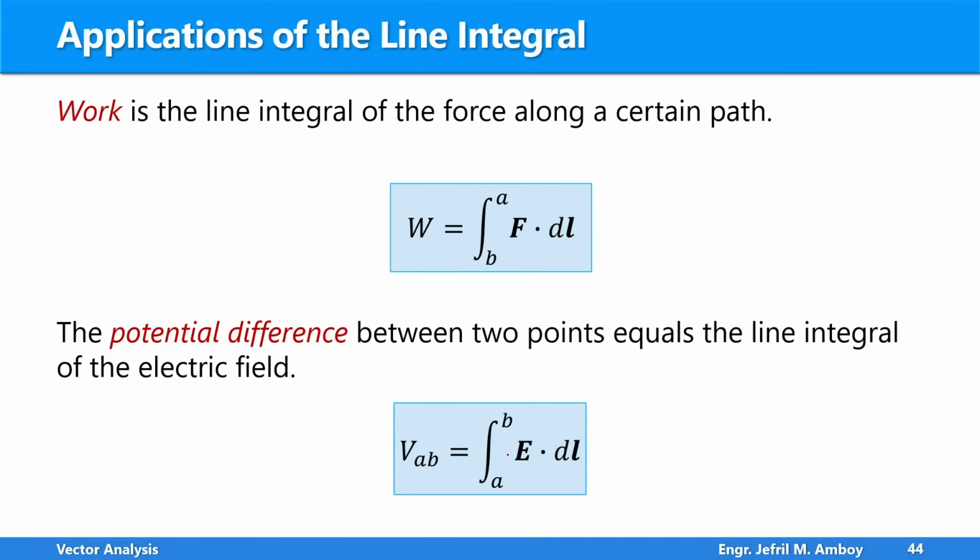So remember, the potential difference is the line integral of electric field. And remember, work and potential difference are both scalar quantities because we obtain them from dot products. Remember, the dot product is a scalar product. Now, this potential difference is what we commonly call the voltage.